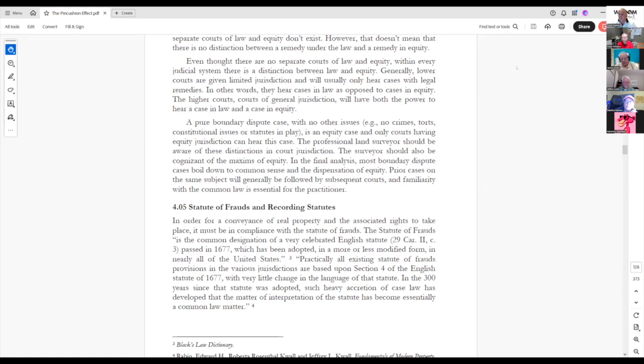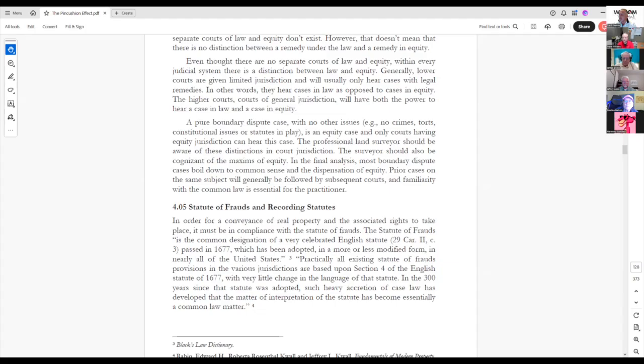So whenever it comes to equity, you need to decide whether there is an element of equity between the parties in the squabble.